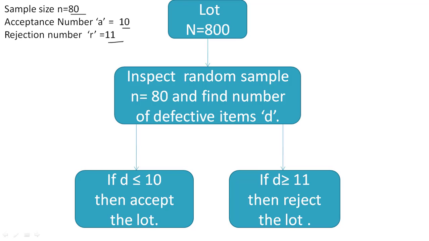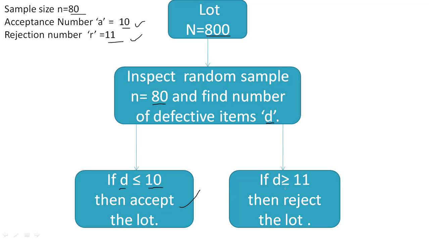In the first step there is a lot of 800 volts. We will select randomly 80 samples from these 800 volts and find the number of defective items D. Now we will compare these defective items with the acceptance number and rejection number. If our defective items are less than or equal to the acceptance number, that is 10, then we can accept the lot.